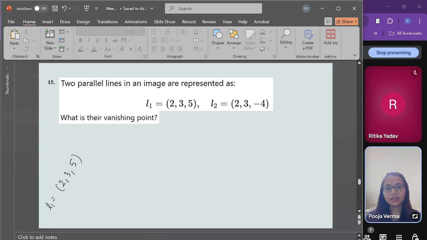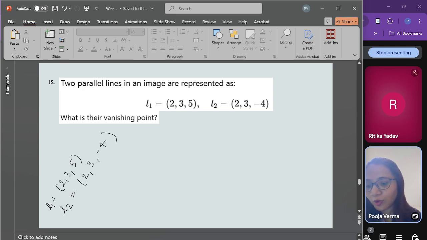Yeah, I think you are in the correct direction. So just write these two lines, 2, 3, 5 and 2, 3, minus 4.